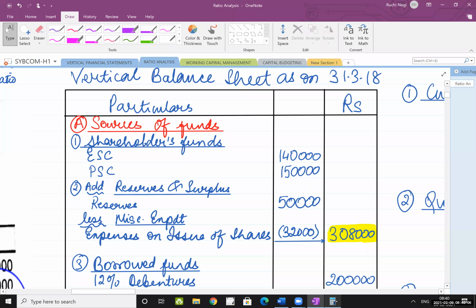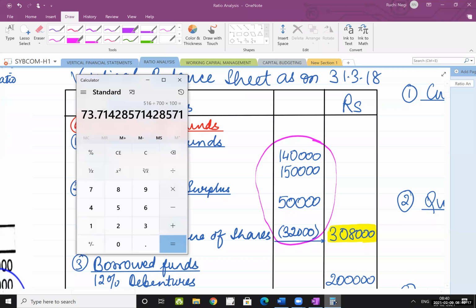So solve this and you will get shareholders' funds. 1,40,000 plus 1,50,000 plus 50,000 minus 32,000. 3,08,000. So this is my answer.